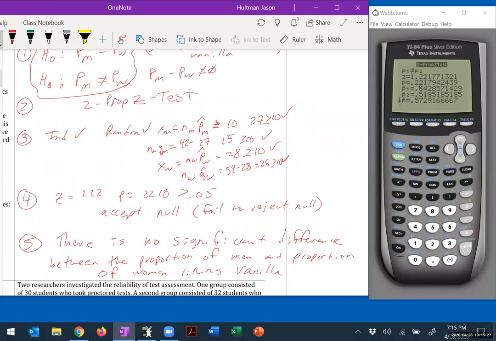Boom. There's no difference. So the tastes were not dependent upon the gender.